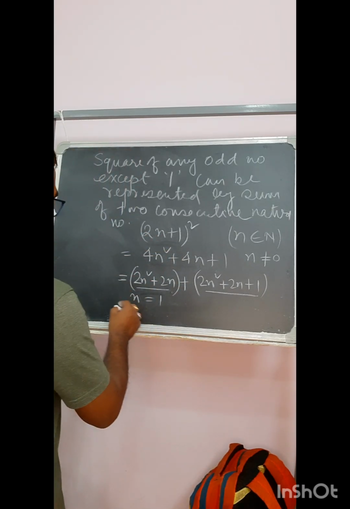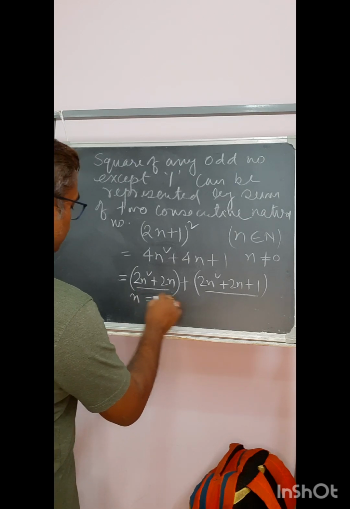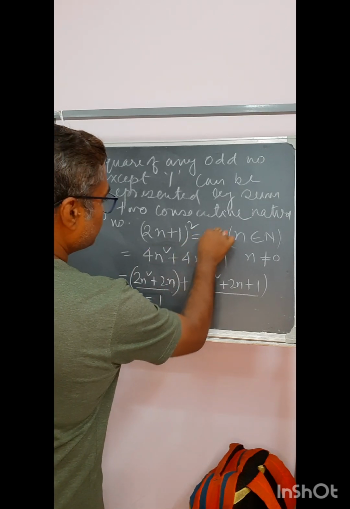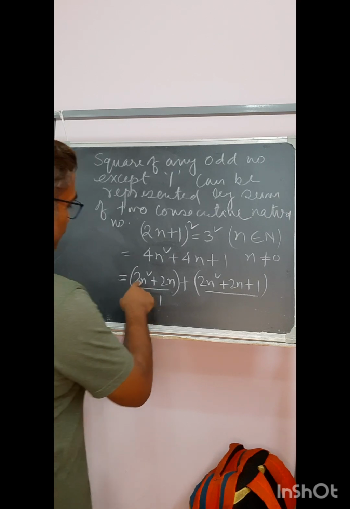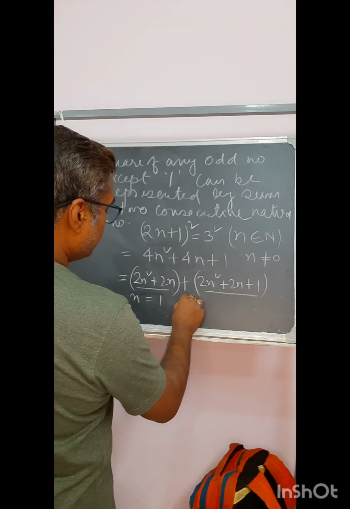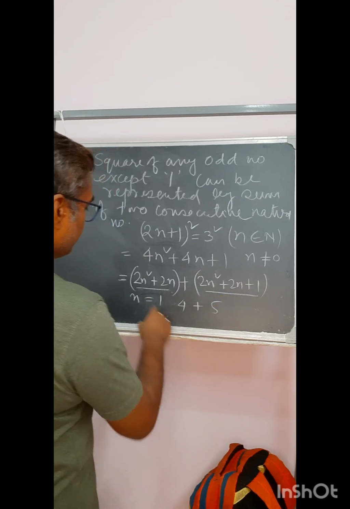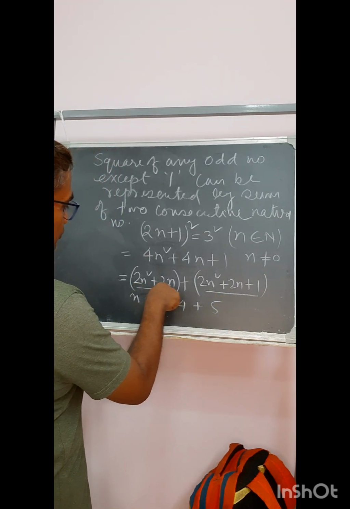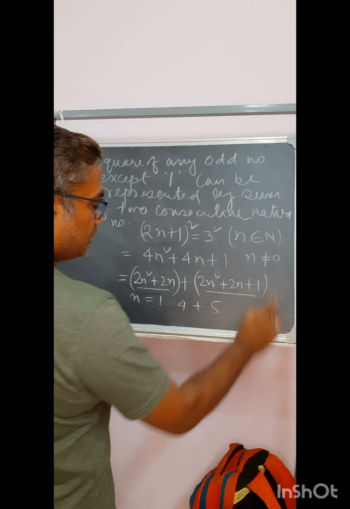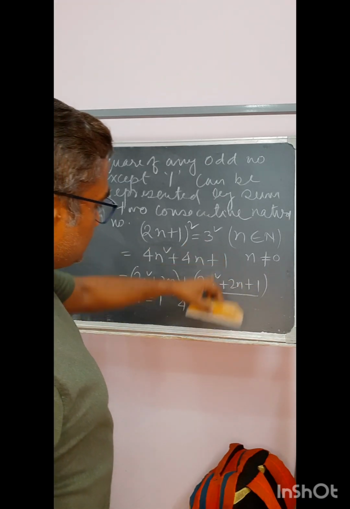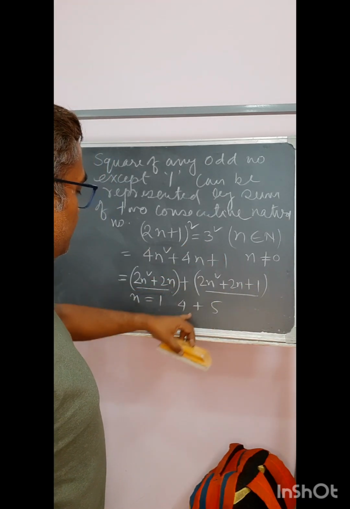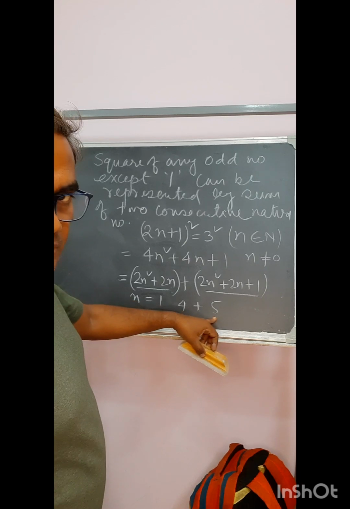So this is 3 square. Now if I put 1 here, I will get the first term as 4 and the second term as 5. Match it: n square means 1 plus 2 is 3 plus 1, 4, and it definitely differs by 1. So this follows the rule. 3 square can be represented as two consecutive natural numbers.